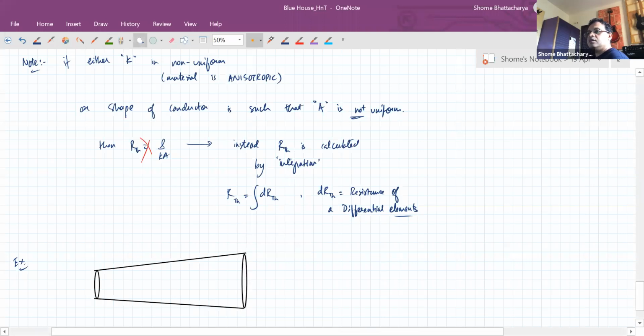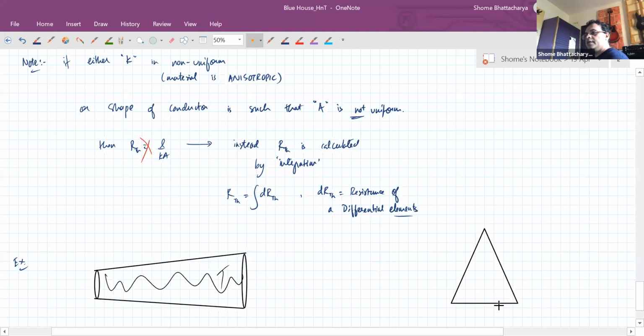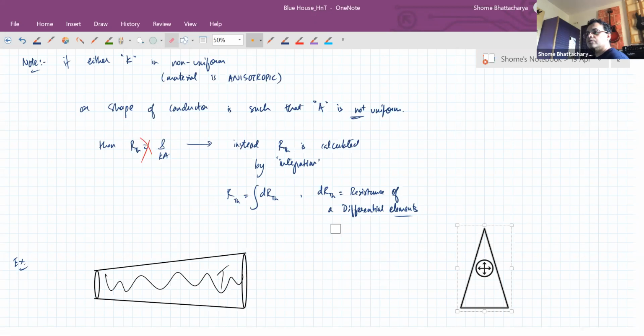So this is a solid metallic frustum. A frustum is basically that kind of shape: you have a cone like this, and then you cut a section out of the cone.